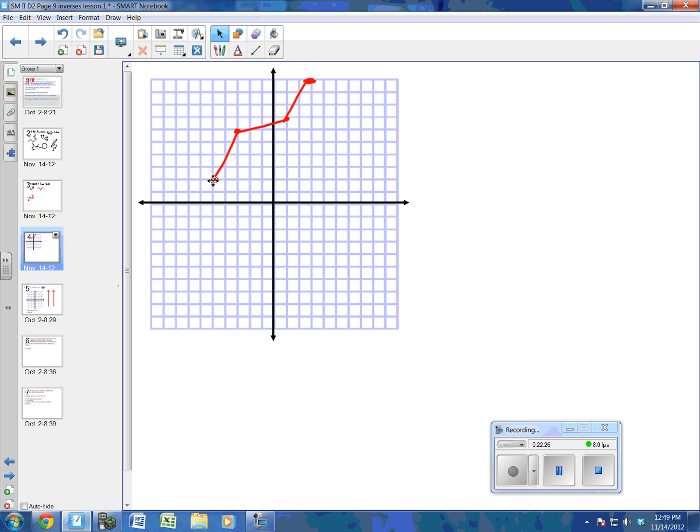Right here, negative 3 comma 6. How about this one? 1 comma 7 and 3 comma 10. Now, to graph the inverse, I just need to do what?